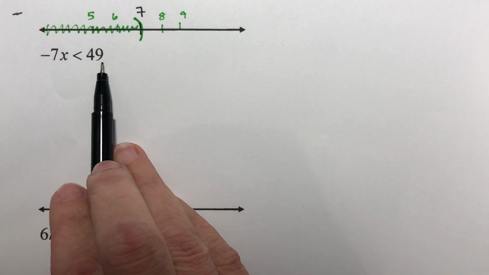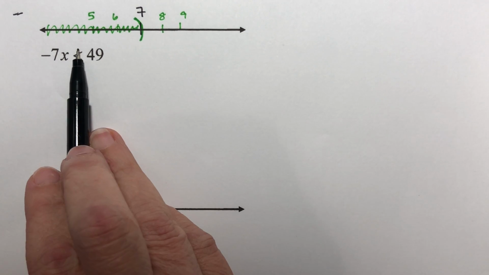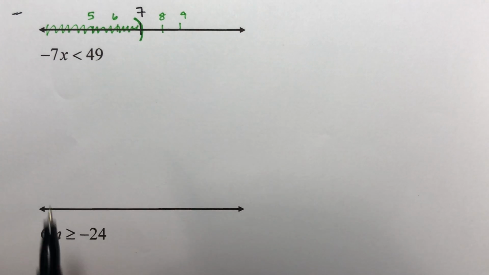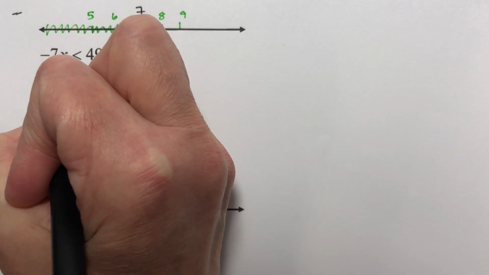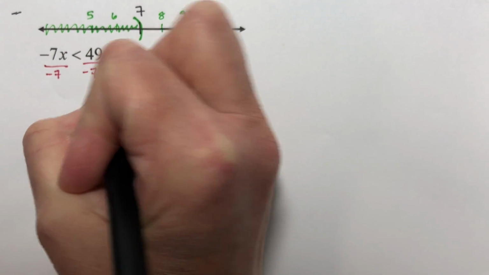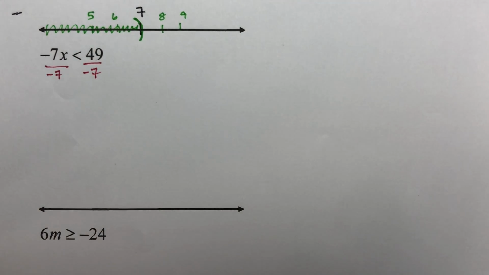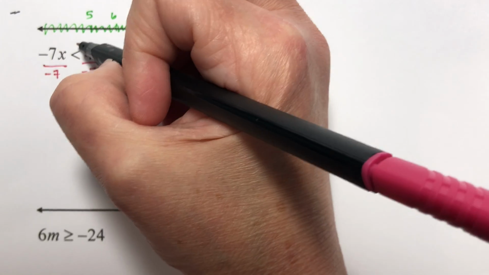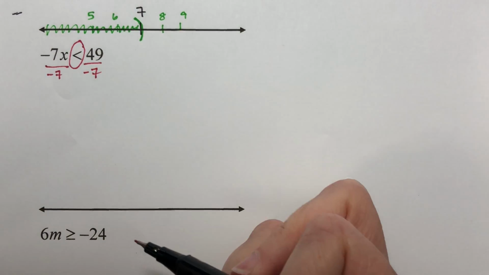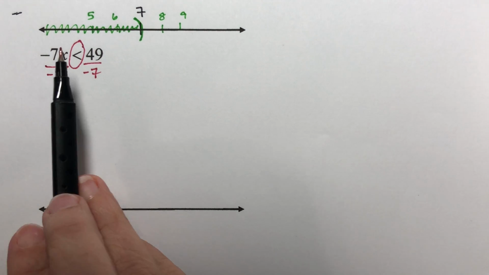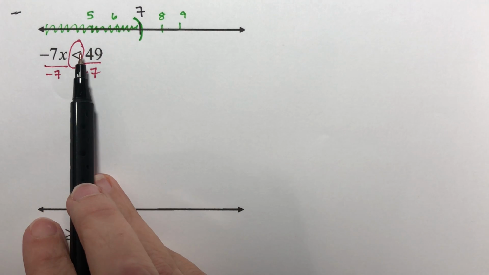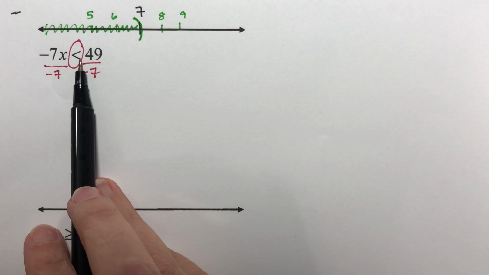Okay. -7x is less than 49. If this is an equal sign, I'm dividing both sides by -7. I still need to do that. I still need to divide by -7. But since I am dividing or multiplying by a negative number, I have to remember to flip my sign around. Personally, as soon as I recognize I need to flip it, I circle it, because it's incredibly easy to forget to do.